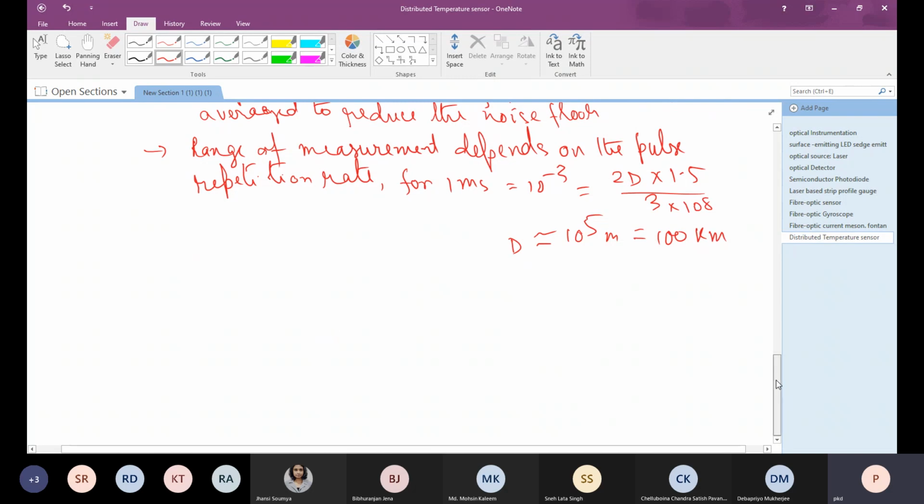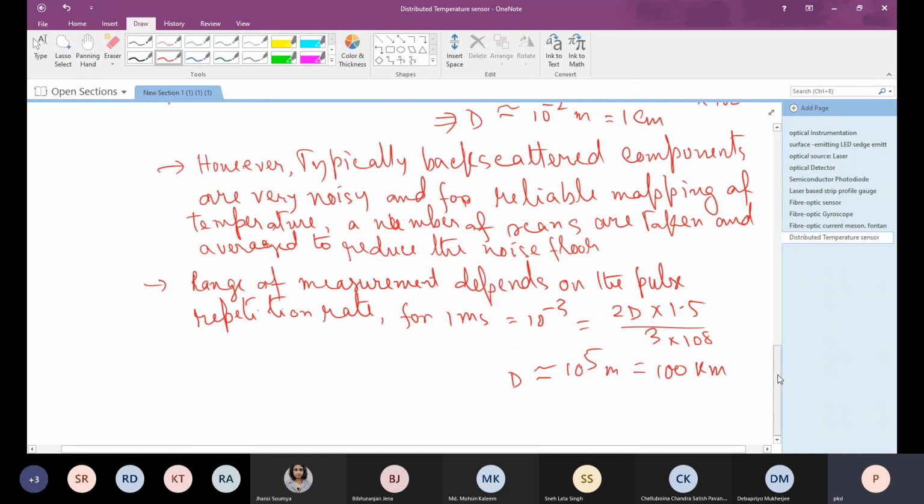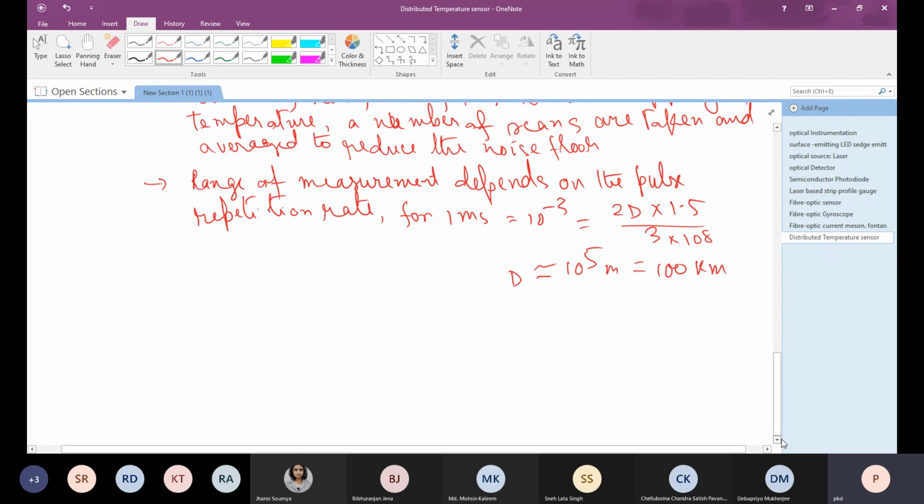Of course, in this case, from this measurement point of view, this is all right. However, the number of measurement points here is 1 millisecond by that 0.1.